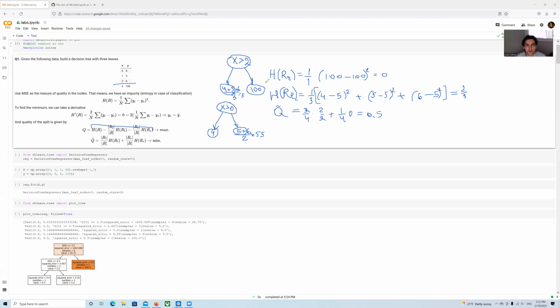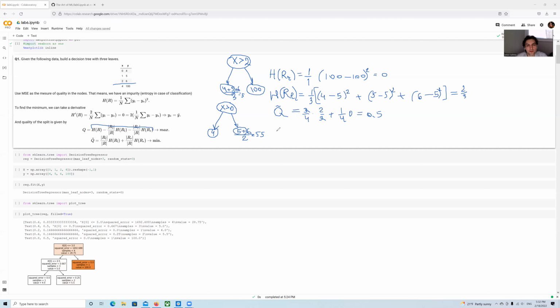If we would choose, for example, another splitting, as I mentioned, 6 and 100 in one leaf, then the mean value would be around 50, so 6 minus 50 squared plus 100 minus 50 squared would be a huge number. So the best split we could do is just minimizing the variance.